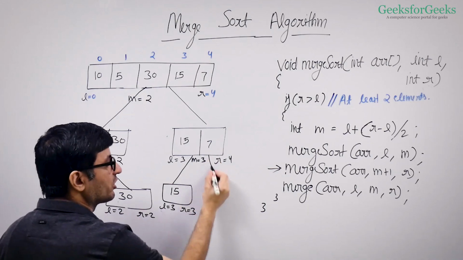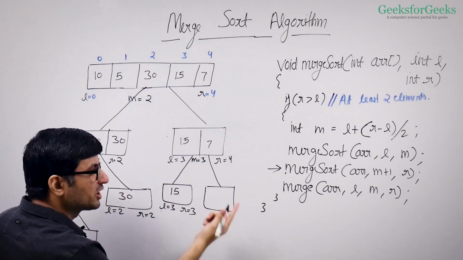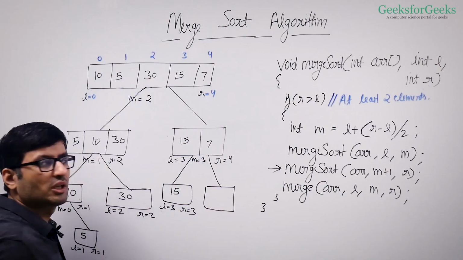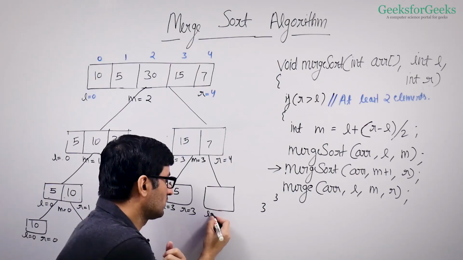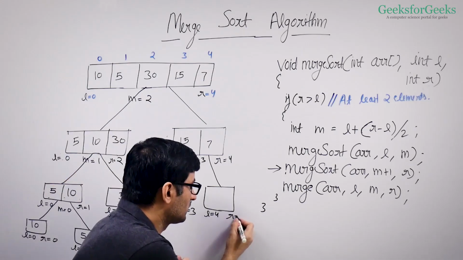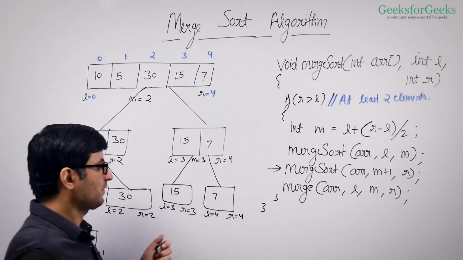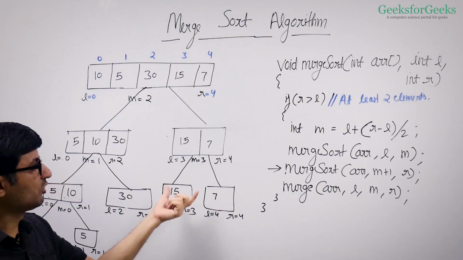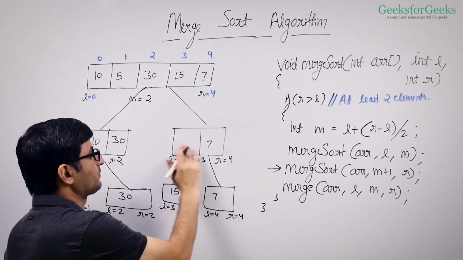And then it will make one more recursive call for M plus 1 to R. So what is M plus 1? 3 plus 1, 4. So L is 4 and R is also 4. And then once these two calls are over, this will merge. So it will make it 7, 15.